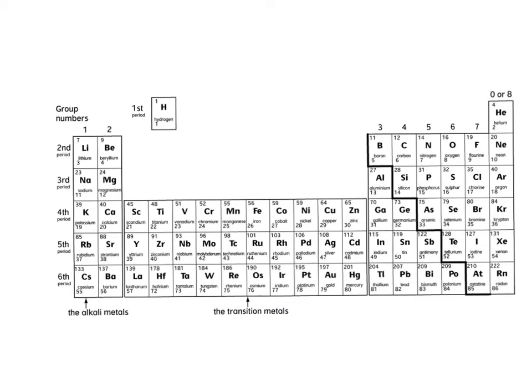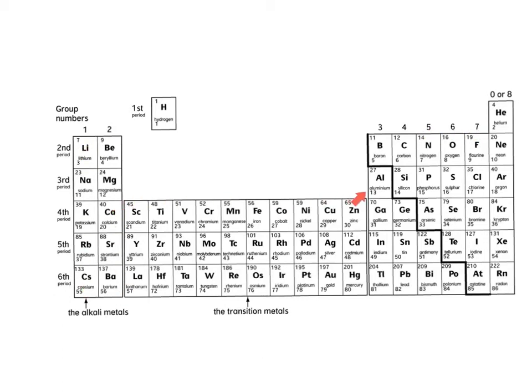First, let me give you a brief overview of how the periodic table is organized and the terms used to describe the periodic table. It has columns of elements, vertical columns of elements, and as you can see, these numbers here, 1, 2, 3, 4, 5, 6, these numbers refer to the group of elements.